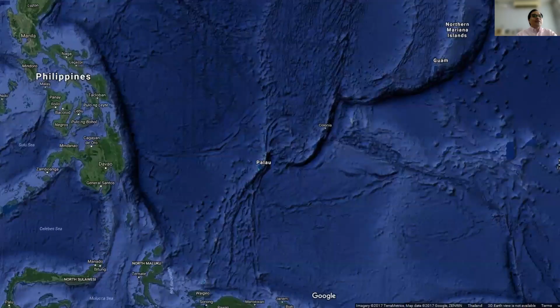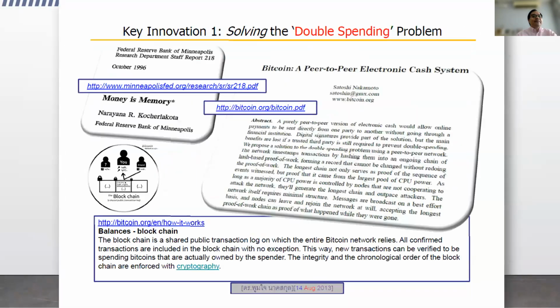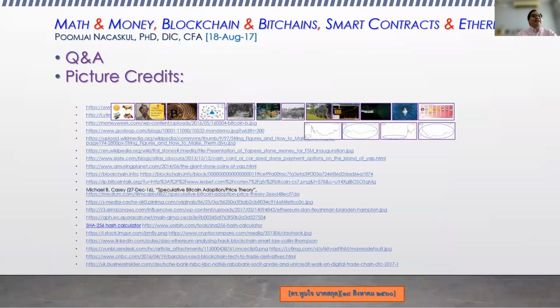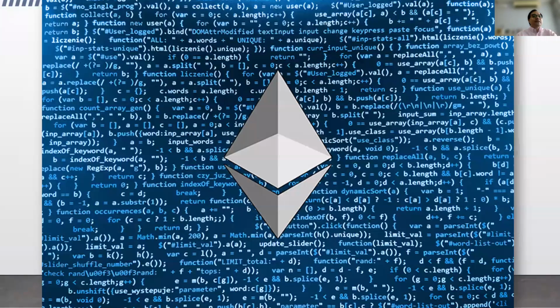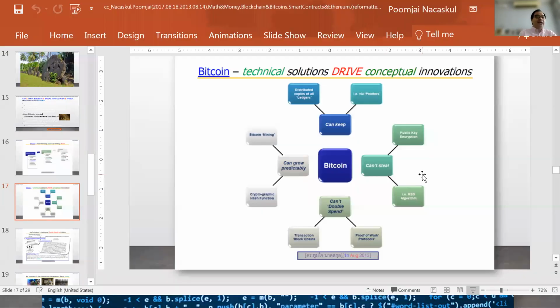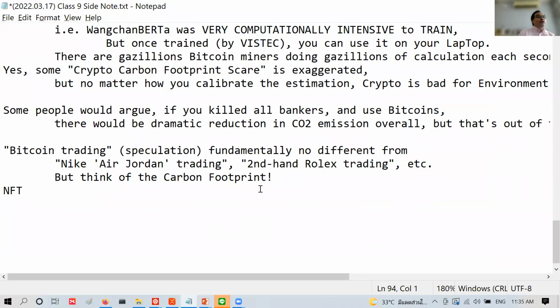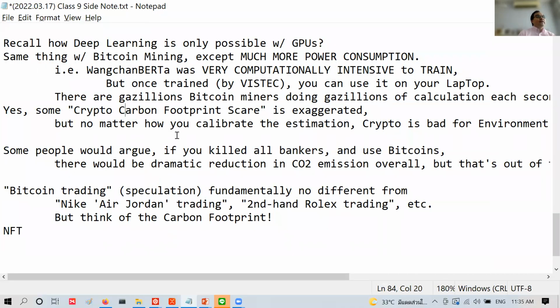This is where we get to Ethereum. Now, Ethereum is a little bit even better than blockchain. I don't have the slides on that yet. Okay, let's finish off with this slide. So this is how bad.